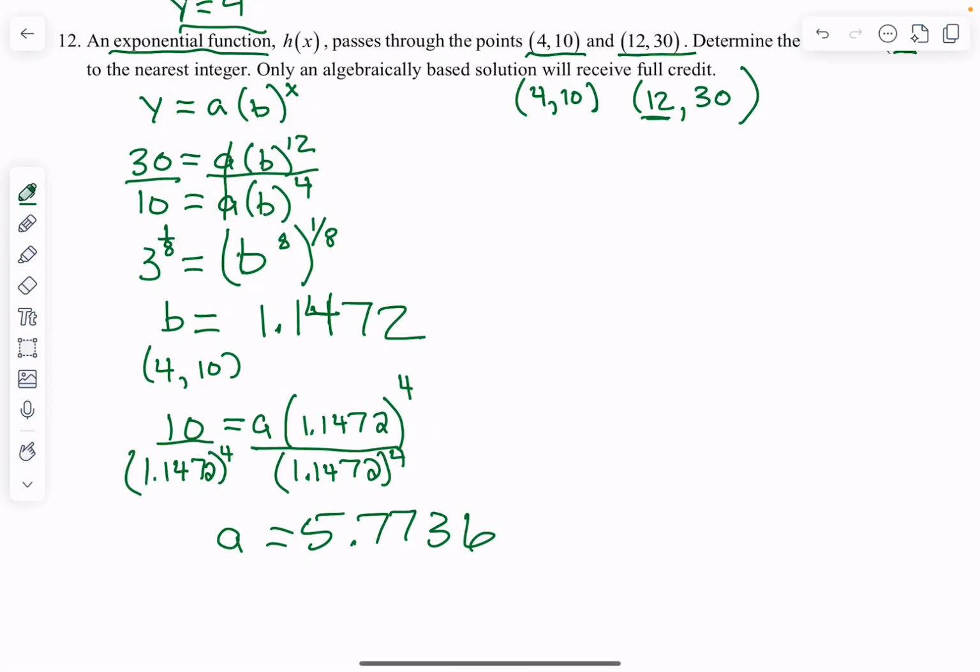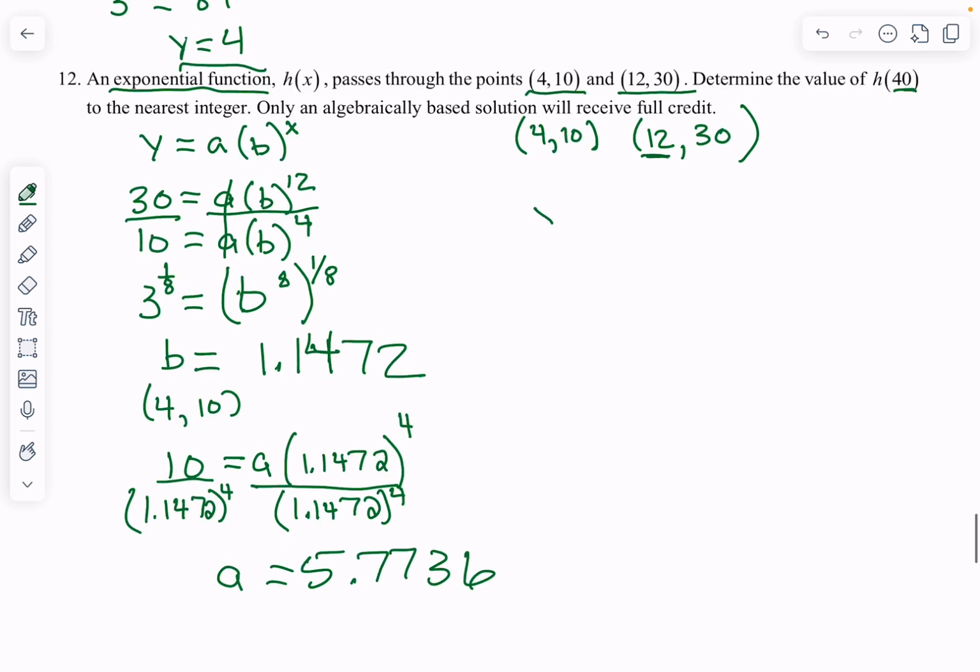All right, so our equation looks like this. y is equal to, the a we said was 1.1472, right? That's a. Nope, that's b.